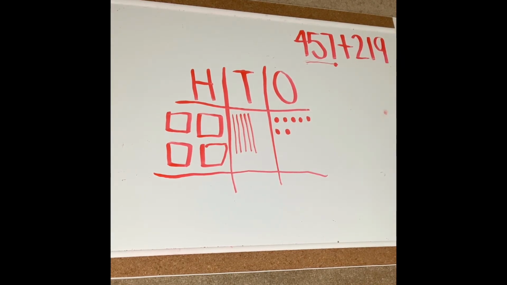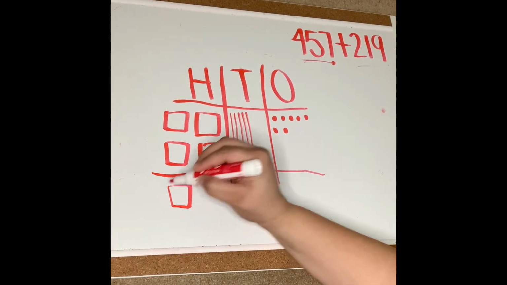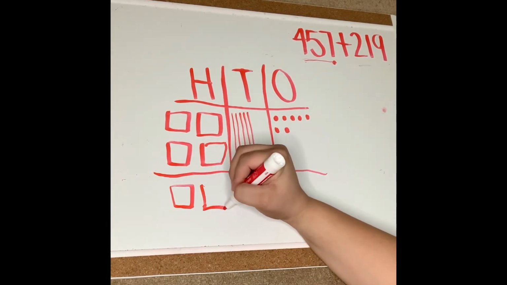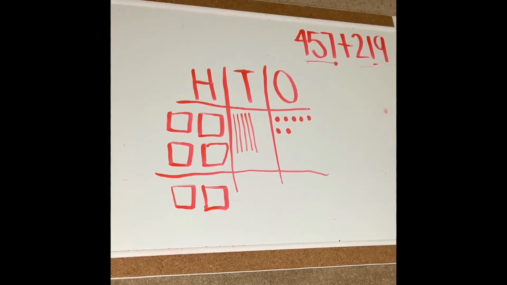Now we're going to build our second number. Our second number is 219. How many hundreds do we have in the number 219? 2. So I'm going to draw 2 squares. And how many tens do we have in the number 219? 1.